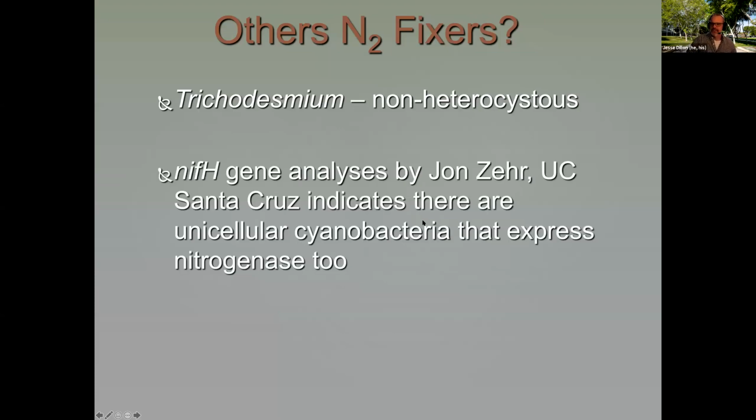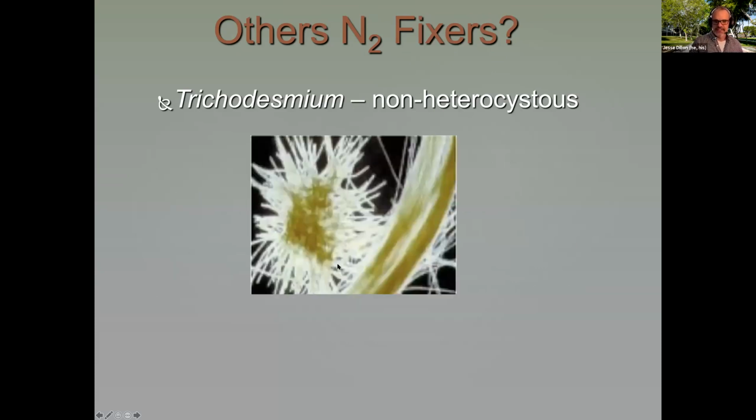They do fix nitrogen, but they don't have heterocysts, which raises a question, right? So what do they do? Do they exclude oxygen in the middle of these bundles? Seems unlikely because oxygen should diffuse right through.